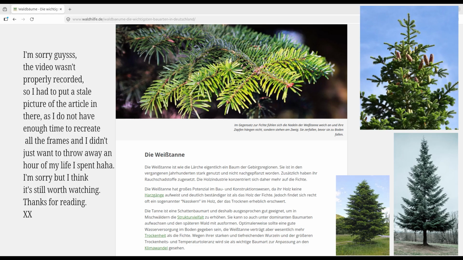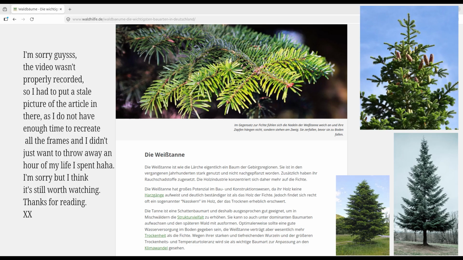I have to translate that. Adjust, or adjustment, and an den, to the climate change, Klimawandel, gesehen, being seen.